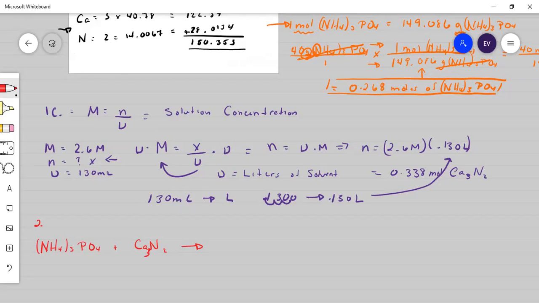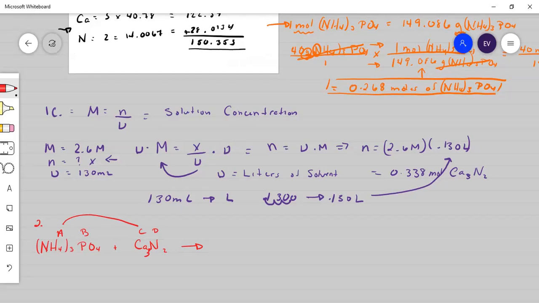What it's asking you to do here is say, okay, well, let's figure out what type of reaction it is and let's predict the products, right? So I can see here that this is going to be AB plus CD, which tells me that this is a double replacement.